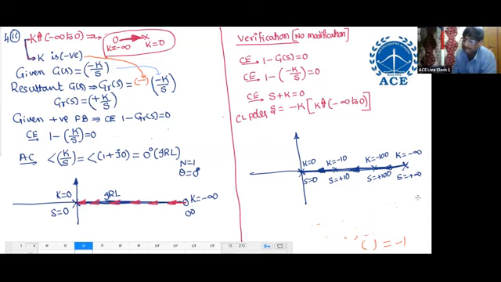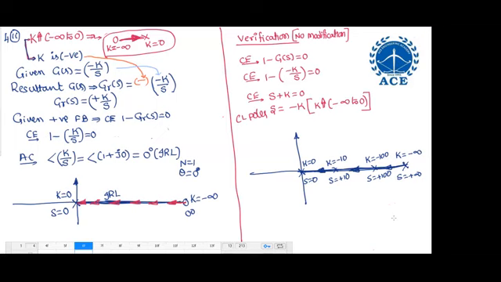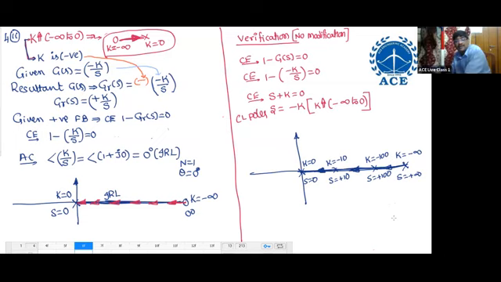Any more? Venkatesh, tell. Sir, K equal to positive, K equal to negative, where is this given? They give it in the question.